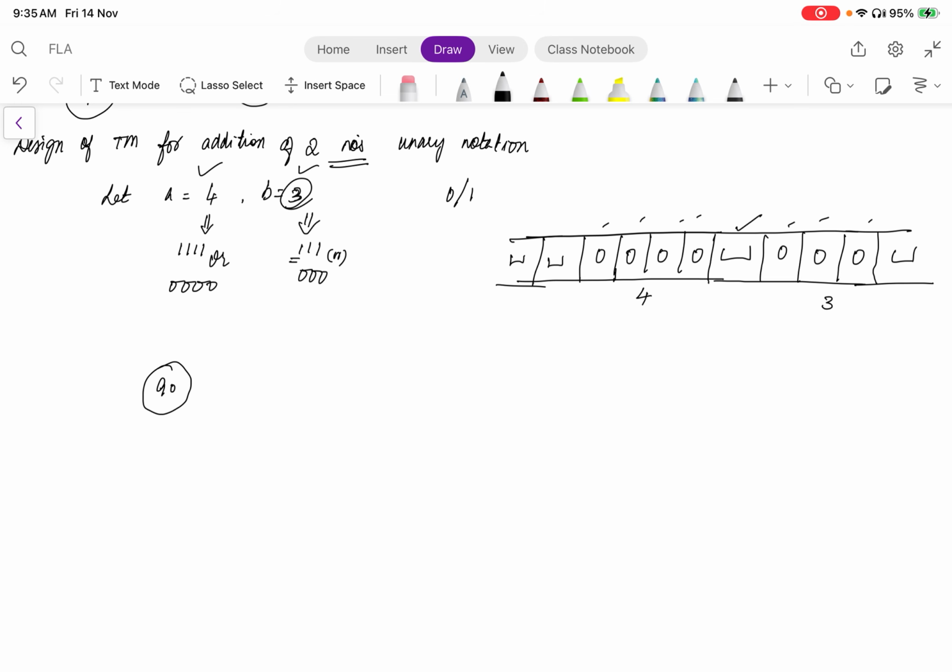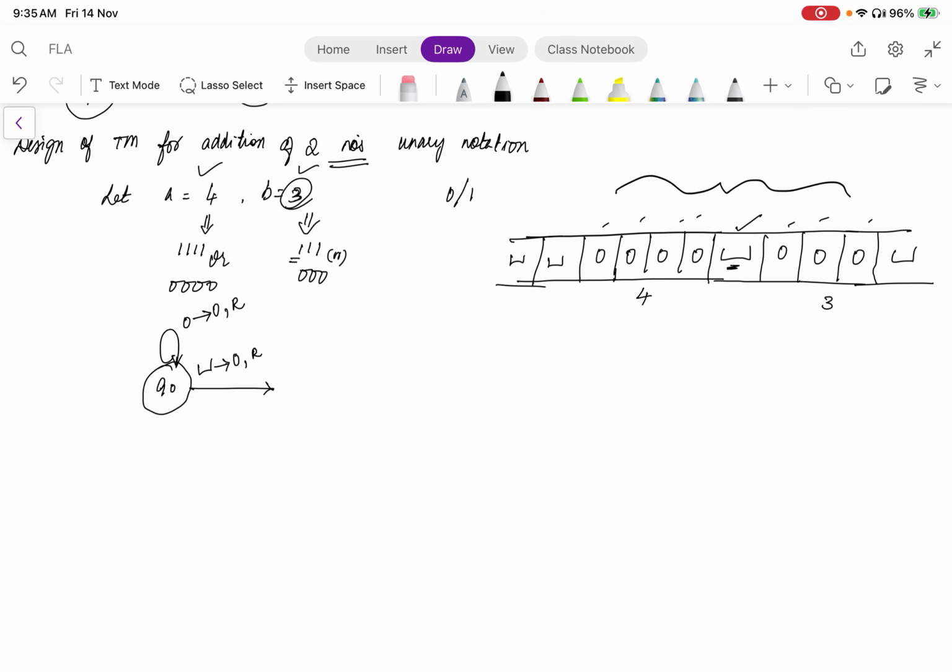Q naught, you keep reading all the zeros, don't do anything, keep moving right until you find a blank space. In between, you have a blank space, no? Until you find a blank space, change that blank space to 0 and keep moving right. Because you have to have all zeros in the input tape.